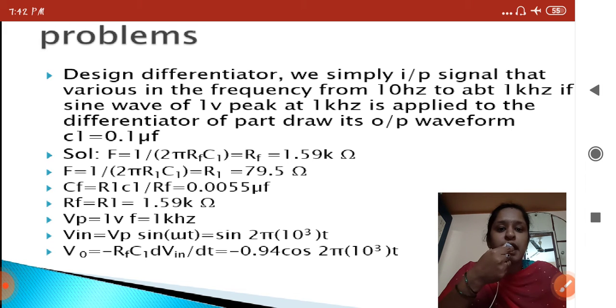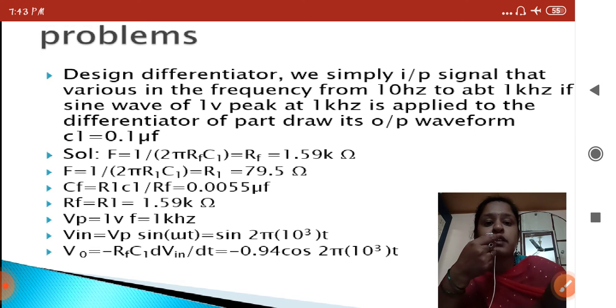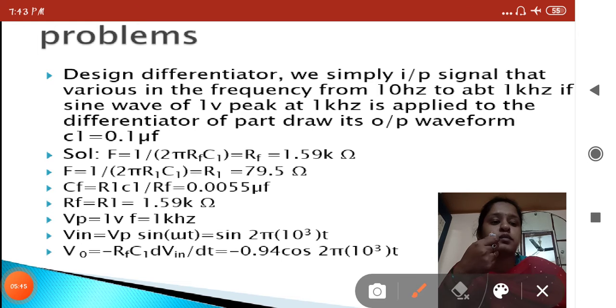Now fb equals 1 divided by 2 pi R1 C1, instead of RF, R1 C1. There are two frequencies, the higher frequency and the lower frequency, and fc is the cutoff frequency. C1 you know, 2 pi you know, and f you know, so you have to put these values.